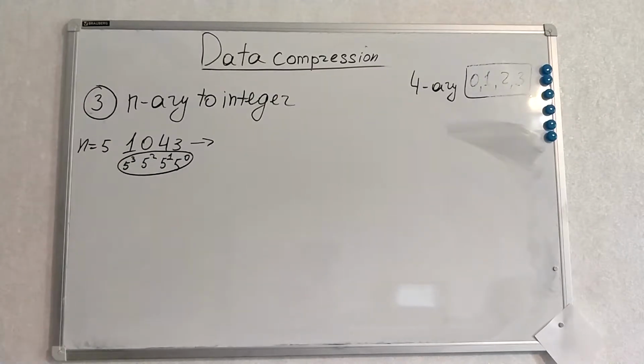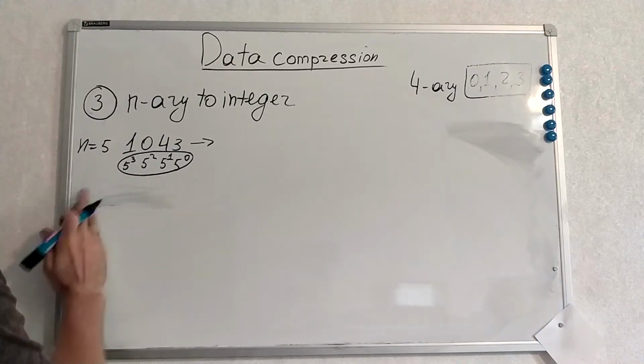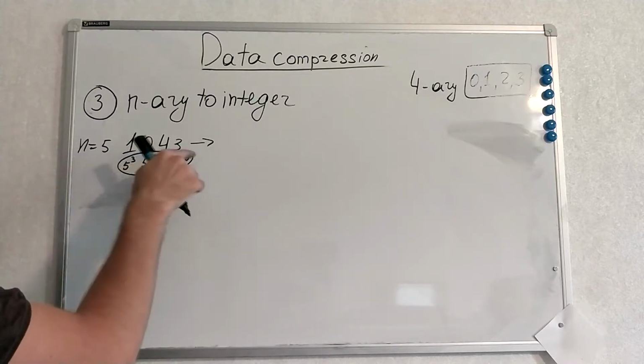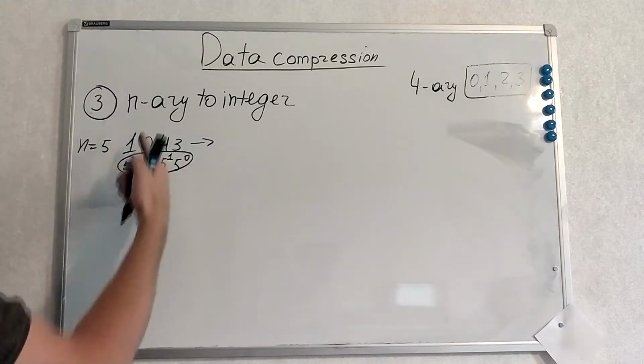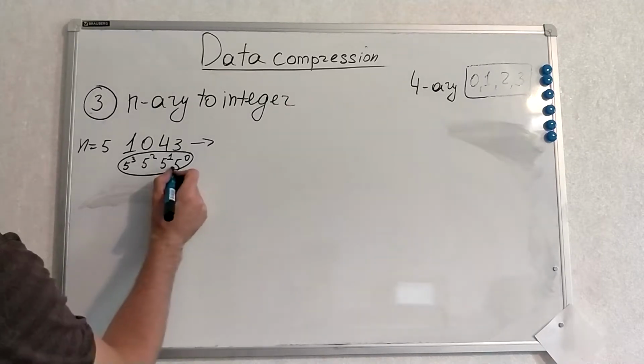To make an integer from an n-ary code, we have to know n. Without knowing n, we can never do it. Of course, if it's not binary code like this. But it's not the case. Our n now is 5. To make an integer from this strangely looking number in the 5-ary system, we will have to do the following steps.